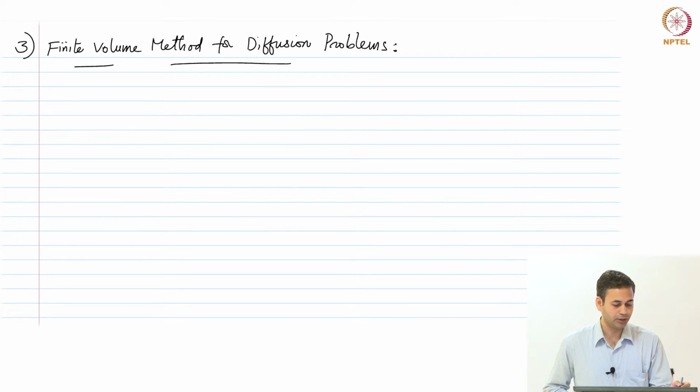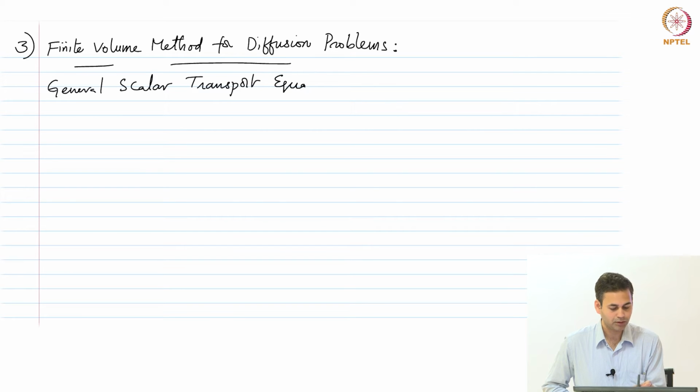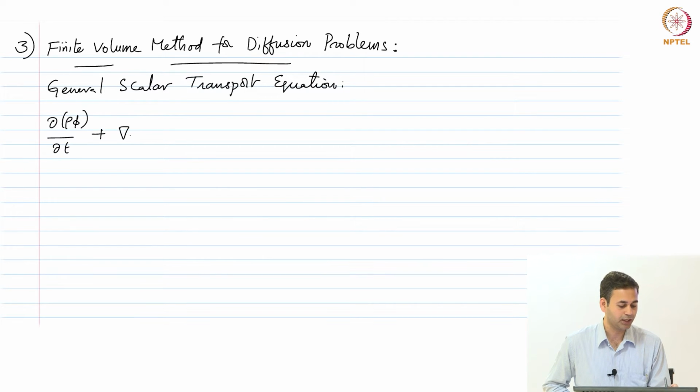So in order to get the diffusion equation, we start off with the general scalar transport equation that we have derived earlier, that is partial t of rho phi plus del dot. Do you remember the equation? What would the convection term look like?